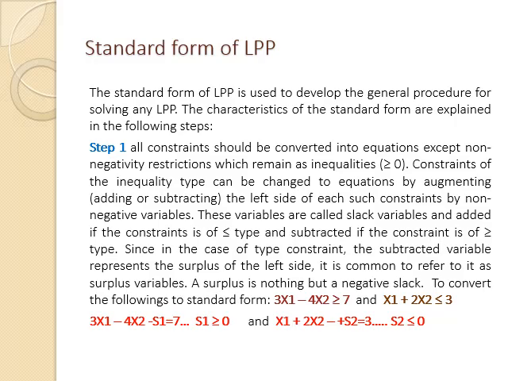To convert these two inequalities, the first inequality will take the following shape: 3x1 negative 4x2 negative s1 equal 7.